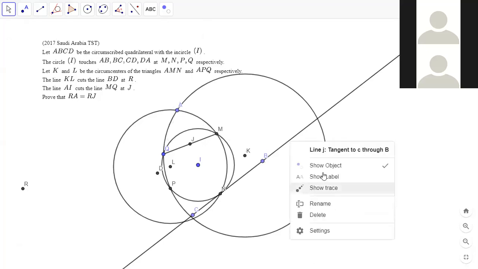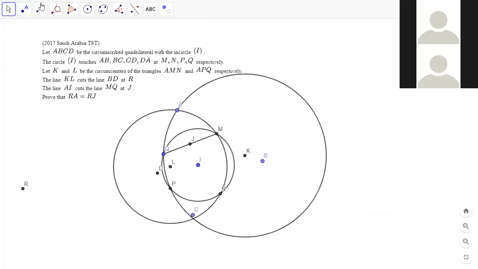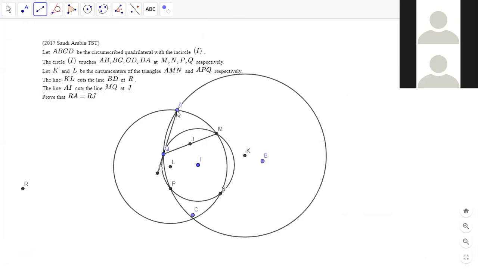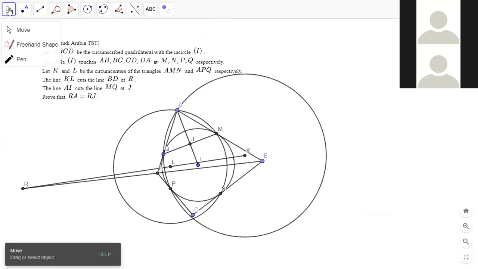All right. This is an interesting configuration, very unique. So AMQ is isosceles, AI is the bisector.